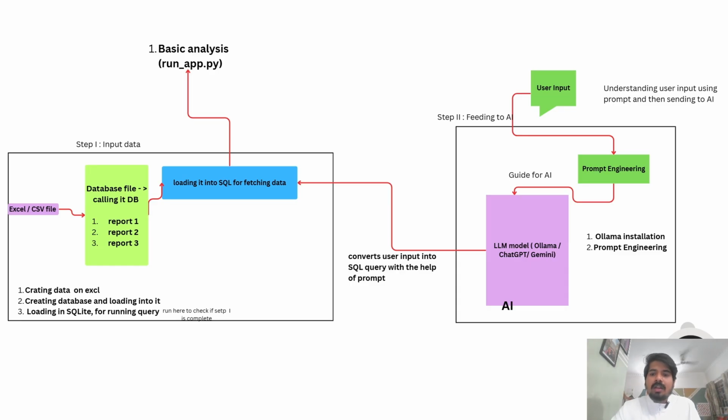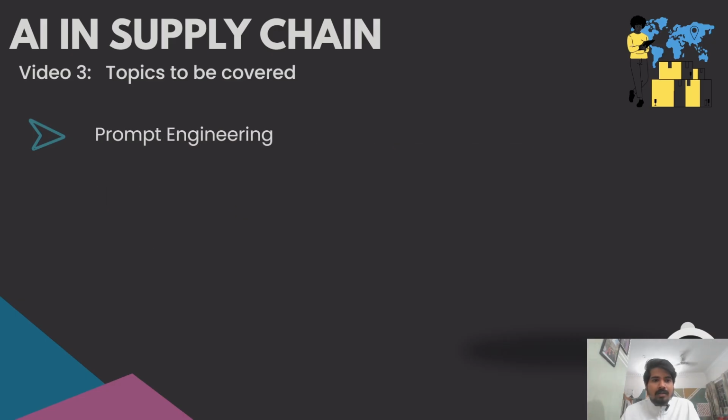Similar is the situation here, in the sense, the better you define the prompt, the better you classify the data, the better you classify the process that is used in your industry, the better would be the output from the AI. Treat prompt engineering as a guide to AI. That's it. So in this video, we will cover only one thing, which is prompt engineering.